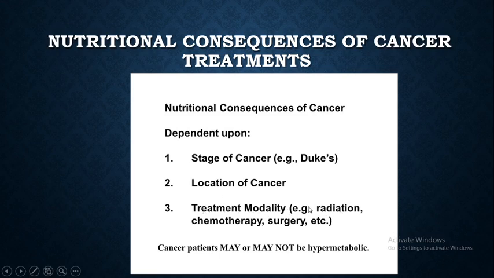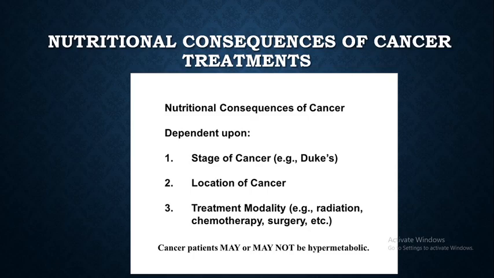It depends on the treatment type, whether radiation, chemotherapy, or surgery. Cancer patients may or may not be hypermetabolic. Maybe their metabolic rate is high, maybe it is normal. If the metabolic rate is high, that leads to weight loss.